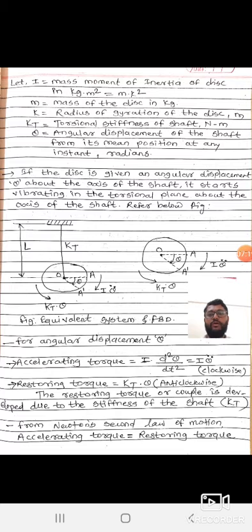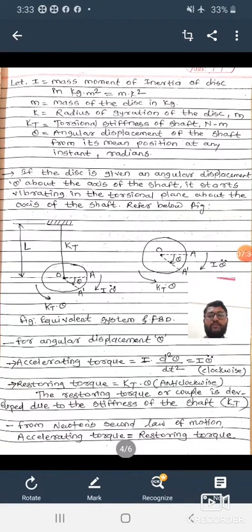Again, we show a diagram for the equivalent system and the free body diagram of the torsional pendulum. If the disc is given an angular displacement theta about the axis of the shaft, it starts vibrating in the torsional plane about the axis of the shaft.